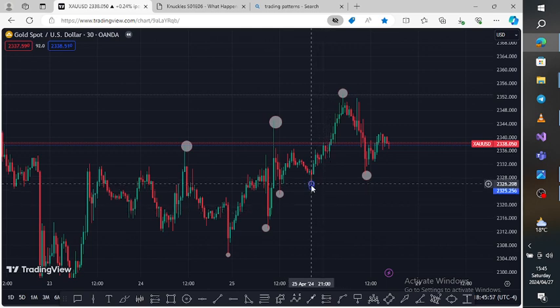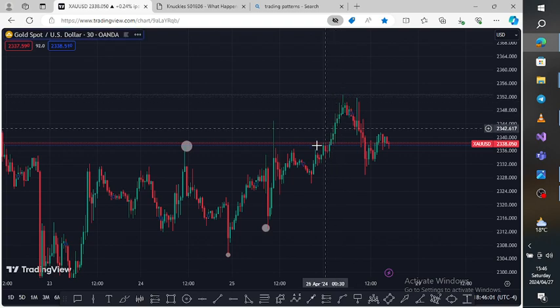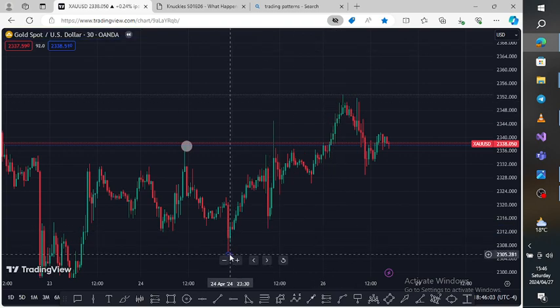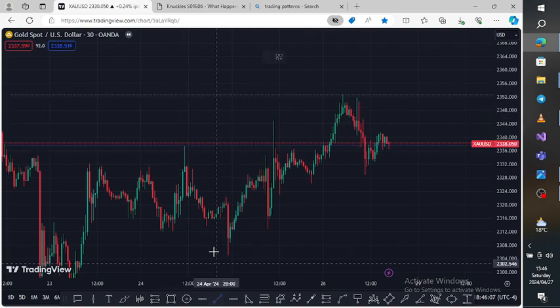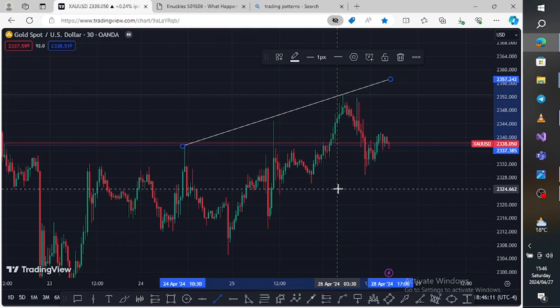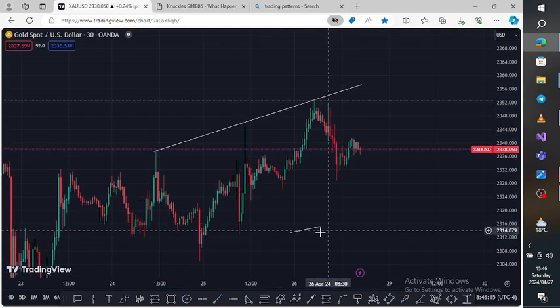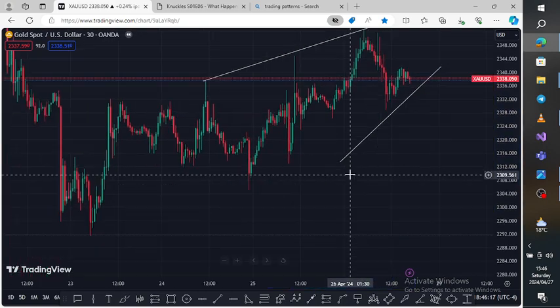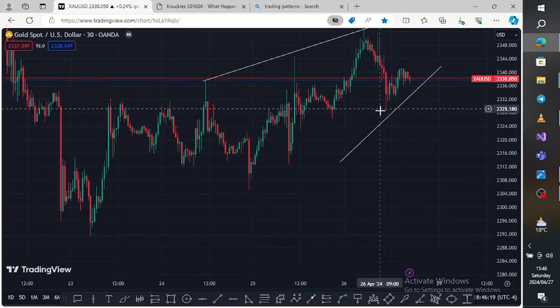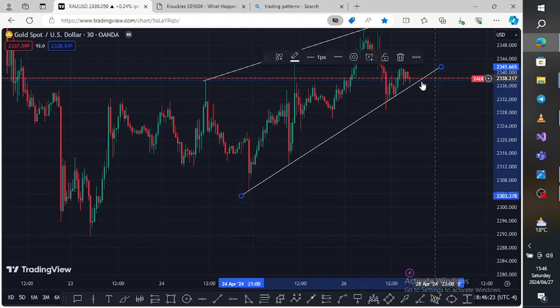From that, what I did now is to draw my trend line to identify the trend that I'm focusing on. I drew my trend line from that area, and also before this part, because obviously the price has given us this.